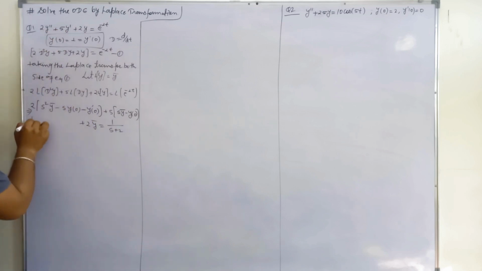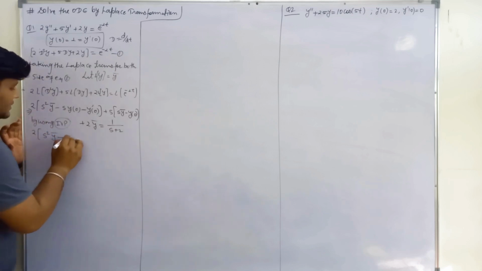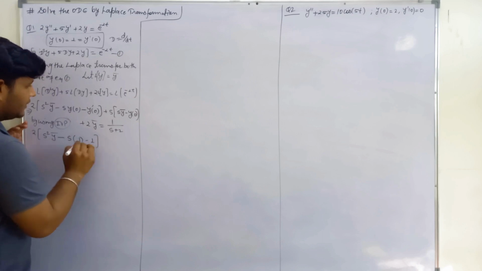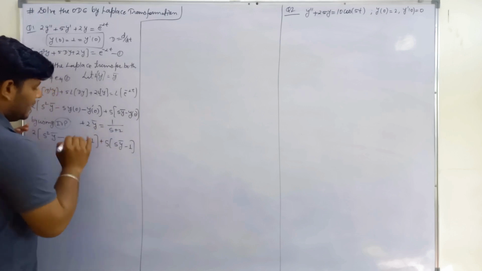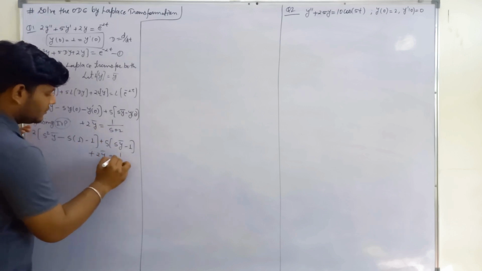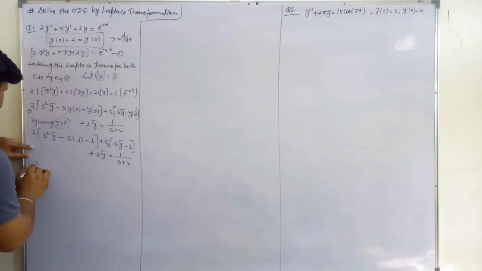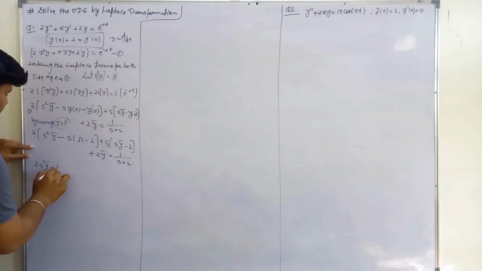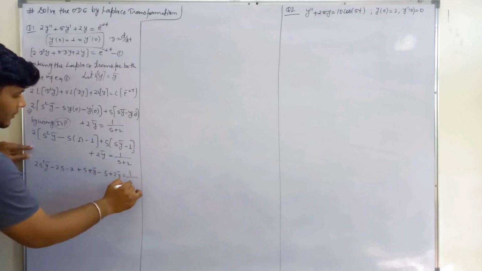So by using the IVPs: 2 times s² y bar minus s minus 1, plus 5 times s y bar minus 1, plus 2 y bar equals 1 upon s plus 1. Expanding, 2s² y bar minus 2s minus 2 plus 5s y bar minus 5 plus 2 y bar equals 1 upon s plus 1.